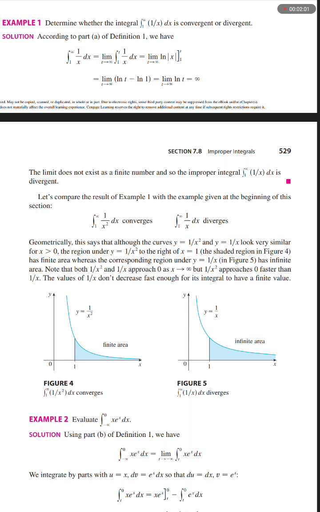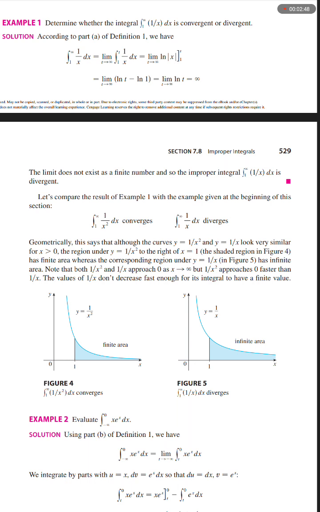Geometrically, this says that although the curves y equals 1 over x squared and y equals 1 over x look very similar for x greater than 0, the region under y equals 1 over x squared to the right of x equals 1, the shaded region in figure 4, has finite area, whereas the corresponding region under y equals 1 over x in figure 5 has infinite area.